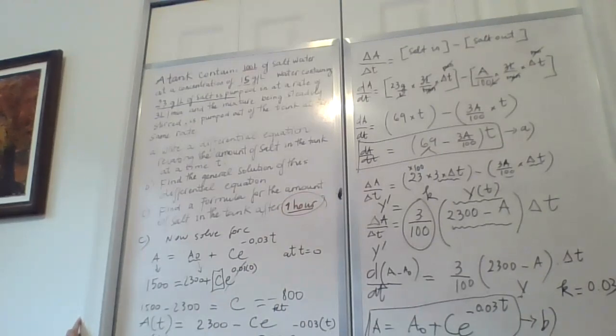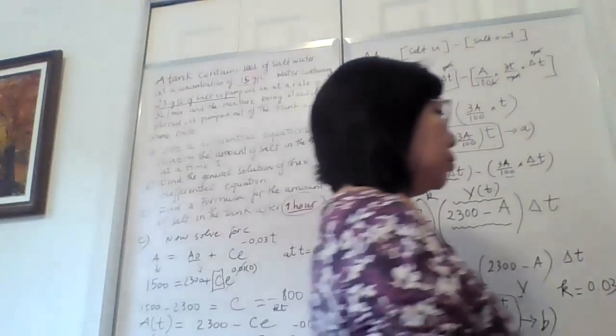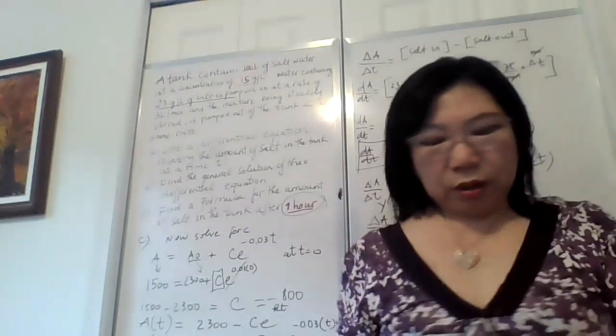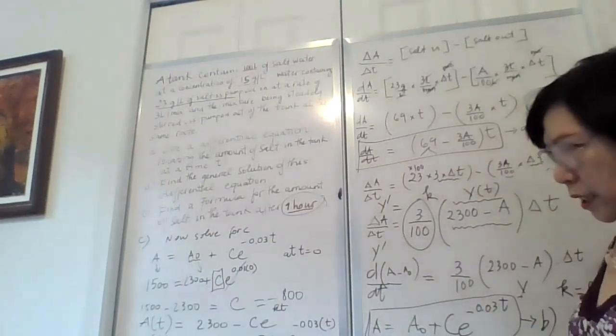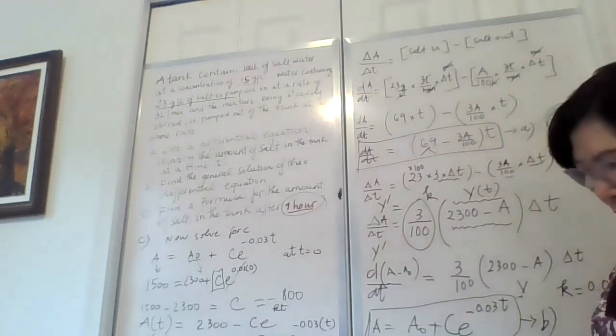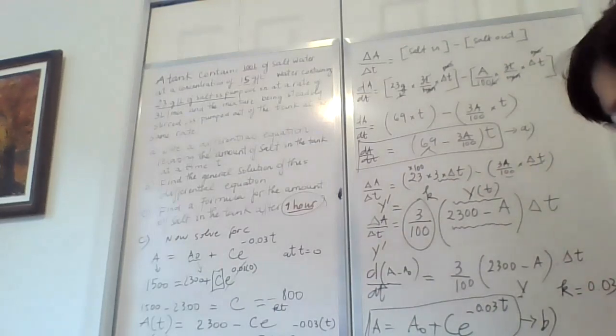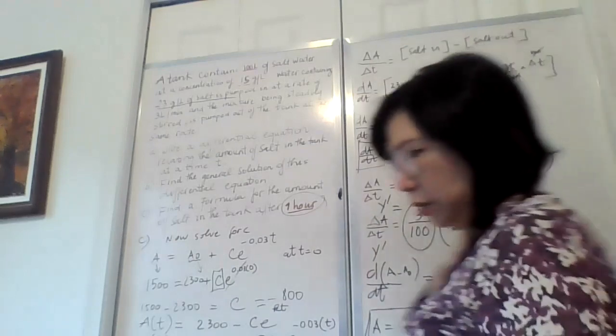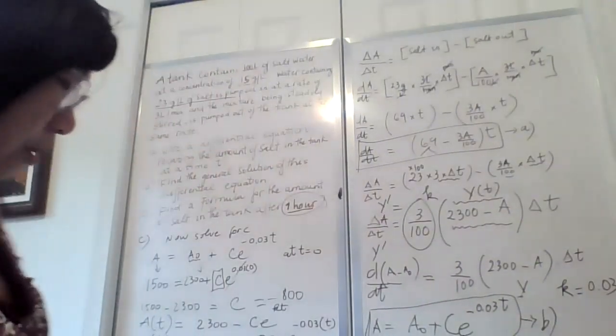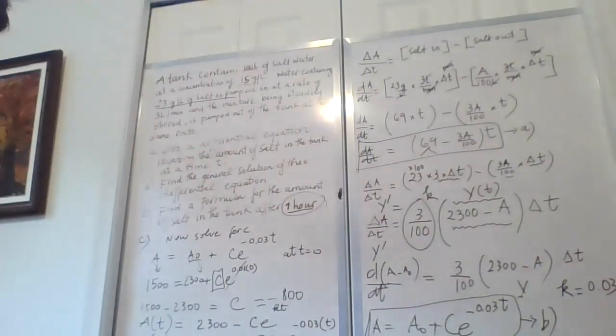So the amount of sun coming out with respect to time, A with respect to time coming out, sun out, right, will be equal, let's do 800 power minus 0.03 times 60.